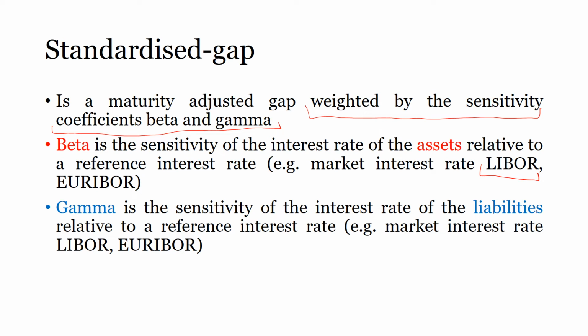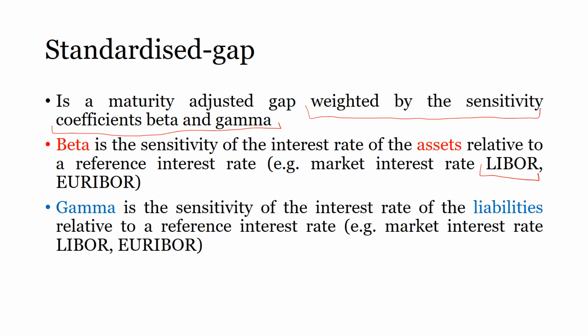So why is it important? Because when you are refinancing your assets and your liabilities, if your asset is in euro, well, any change in the LIBOR will not be very important for you. It won't affect that much the net interest income you get from this particular asset.